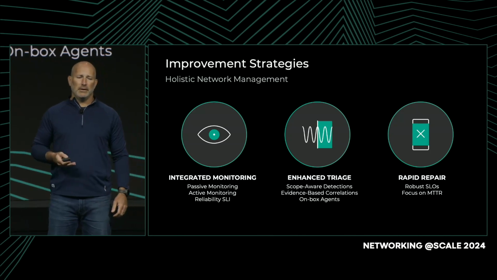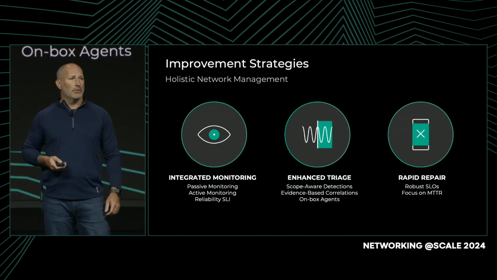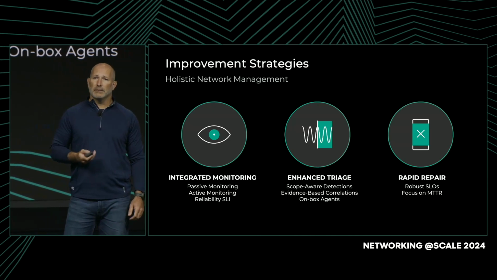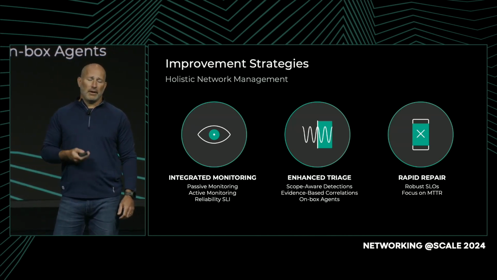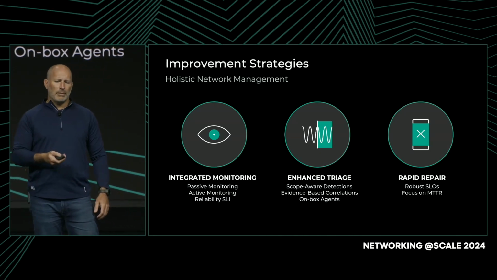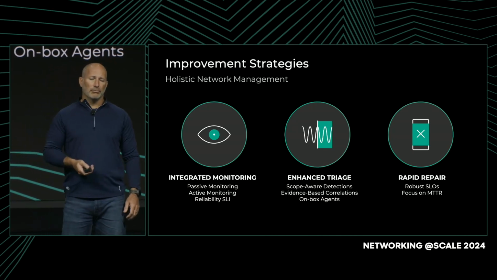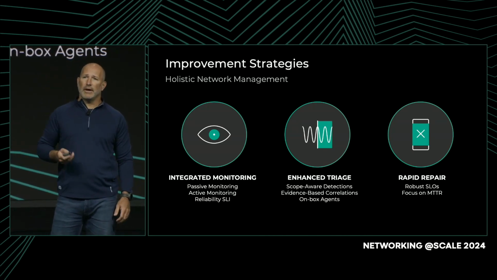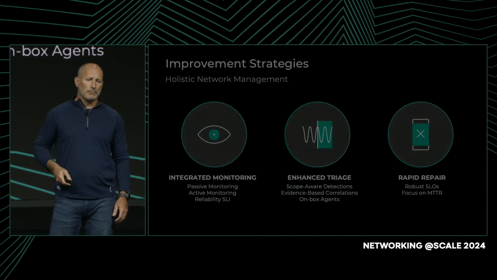And in addition, we added an on-box agent to allow for escalated manual triage. And then finally, we're talking about our rapid repair function, which is surrounding implementation of strict SLOs and focus on that mean time to repair, returning devices to service. This rapid response capability is key to maintaining resilience and efficiency and ensuring the network is highly available.